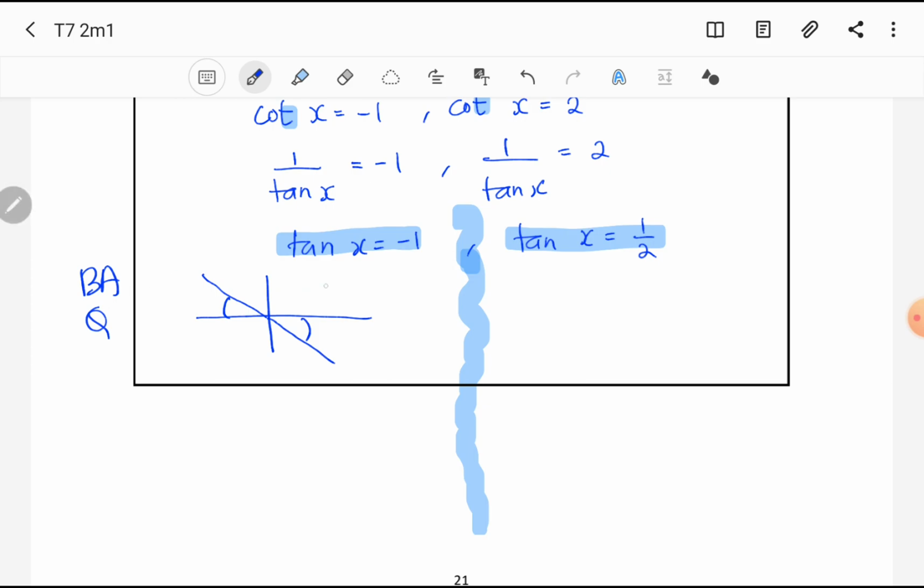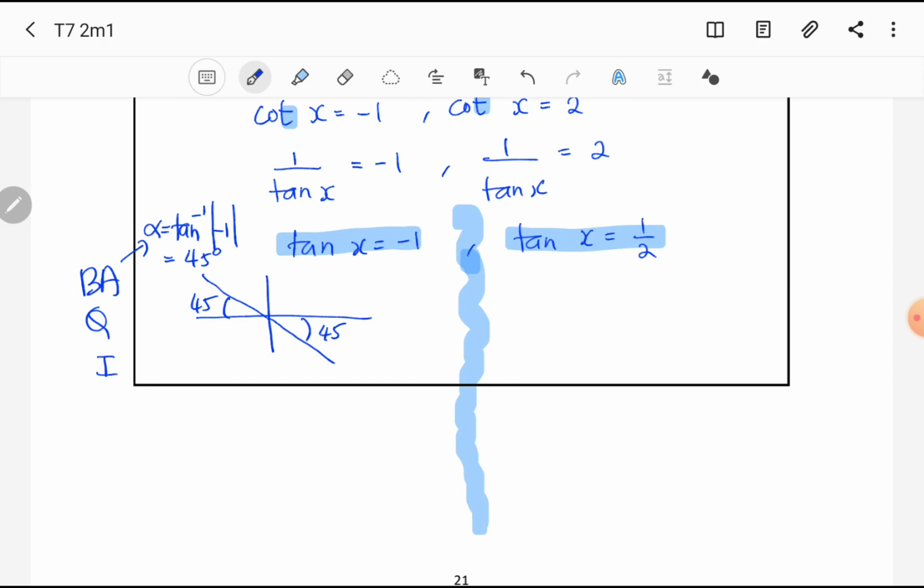So alpha, the basic angle, alpha equals to tangent inverse, buat modulus negative 1. So akan dapat equals to 45. Okay, so 45 here. Okay. So kita kira lagi. BAQ dah interval.